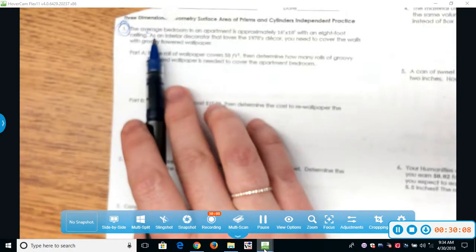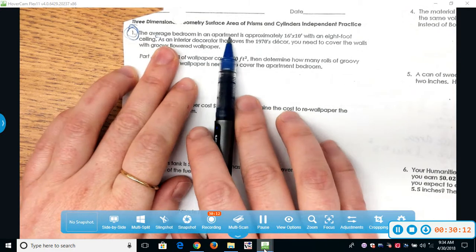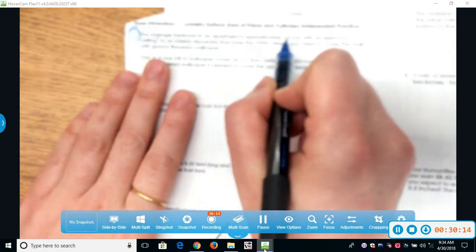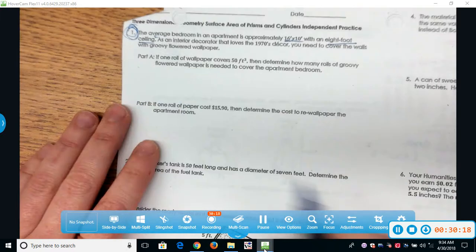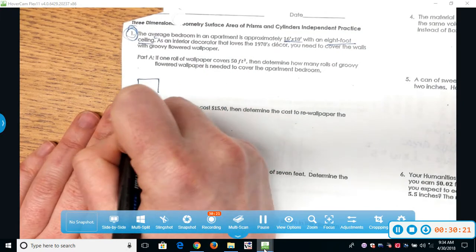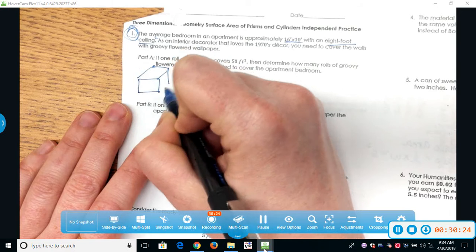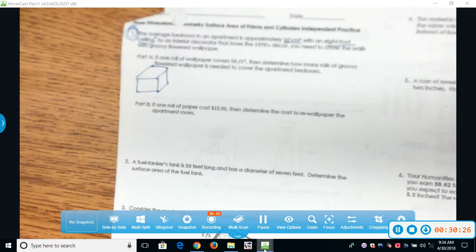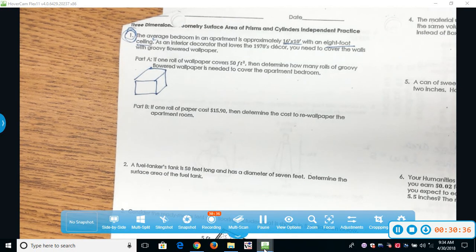So, it says for number 1, the average bedroom in an apartment is approximately 16 by 10 with an 8-foot ceiling. So I have a room.